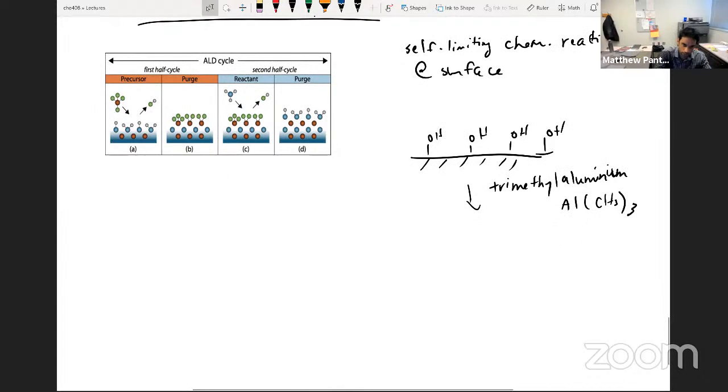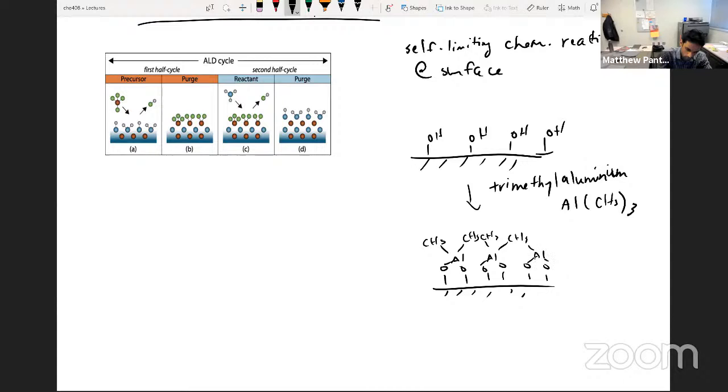And what you have is this trimethyl aluminum will react with all those OH bonds. Then you can send in a purge that eliminates all the trimethyl aluminum from the system.